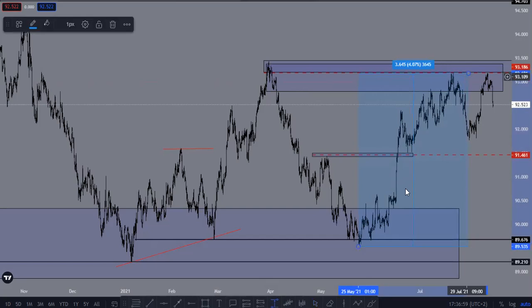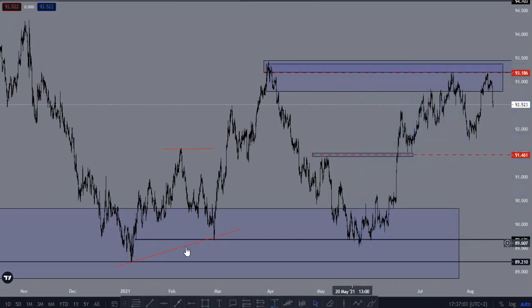So you're going to catch this 350 pip move using this level area of structure only. So this would have been one of our powerful setups that you get to learn when you trade our Alpha strategy and follow our trading plan.